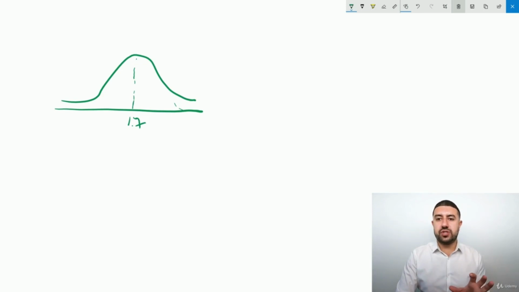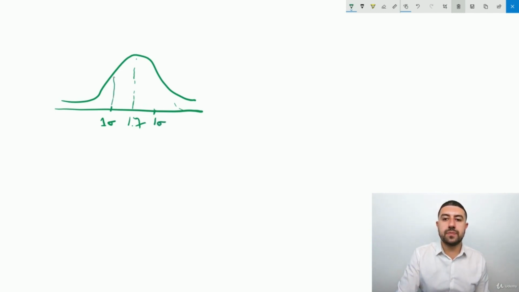The way the bell curve is drawn is it uses what we call a standard deviation. And the way we use it is we take all these data points and we say, okay, well, what if we want 66% of the population to be within one standard deviation of the mean?